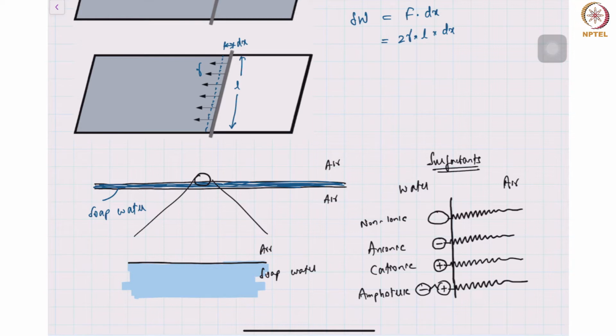Now if I were to use these surfactants and ask what is happening to them on the surface, you see that there is a head which likes water and a tail which does not like water. The moment you add soap into water, what immediately happens is that the part of the molecule which does not like water sticks itself out.